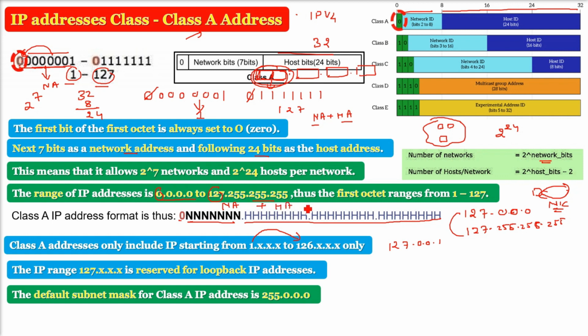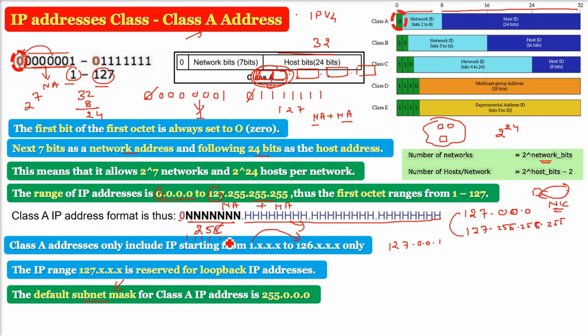So a class A address, or any address, has a network address and a host address. Now how are you going to find out which is the network address and which is the host address? The default subnet mask, or the subnet mask, is used to identify which are the network bits and which are the host bits.